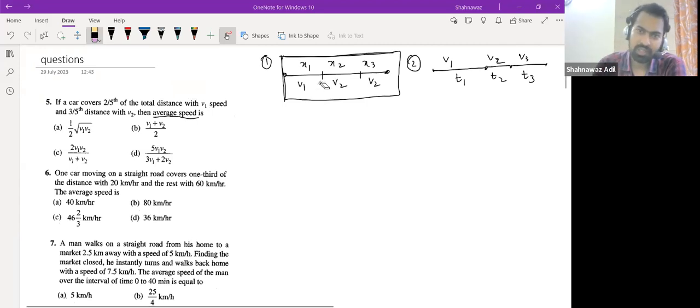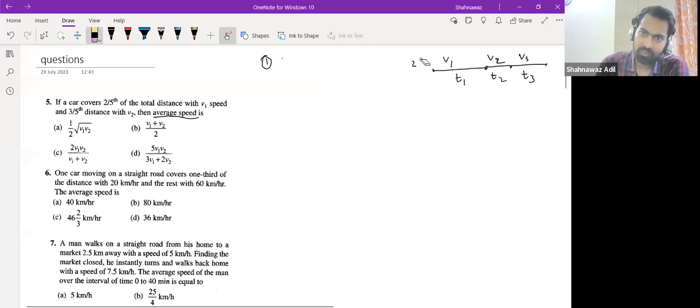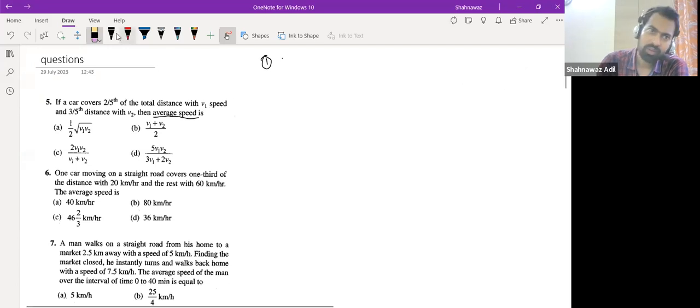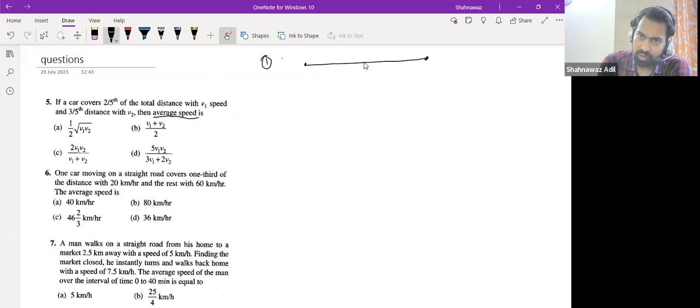Yeah. So let us talk about when the distances are given and the velocities are given. Let's say you have 2 points, and a question where a body travels with v1 speed for half the distance.